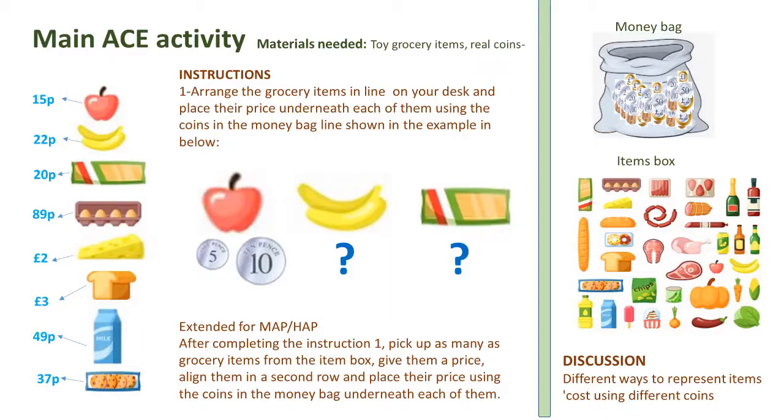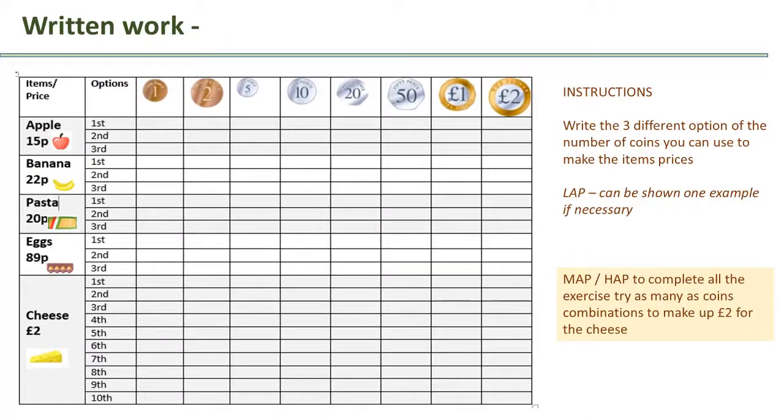In the next stage, the child will complete the written work. Some children will complete the exercises by showing on the table 3 different ways to represent the same amount using different coin combinations.